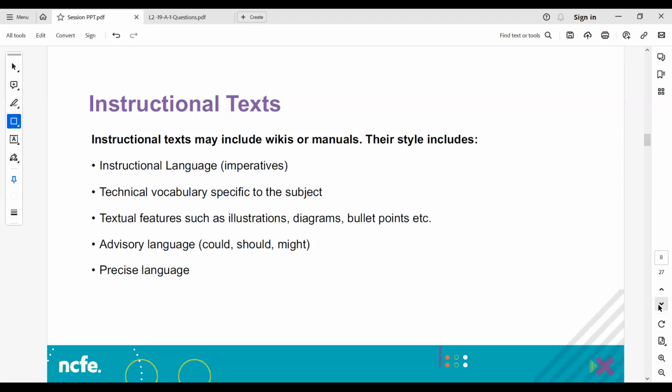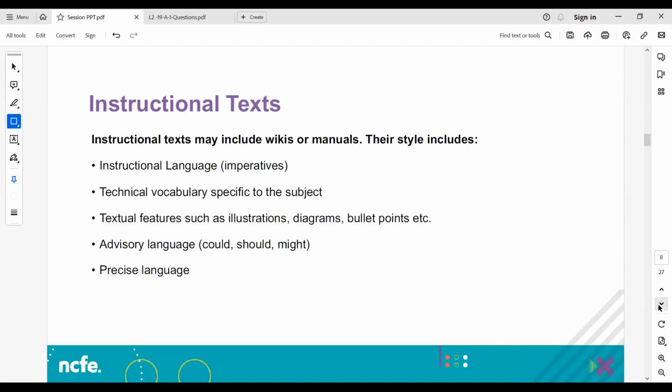And again, often there'll be diagrams in instructions for building something. But if it was something like a recipe, you'll often have a feature such as illustrations, photographs, and so on.